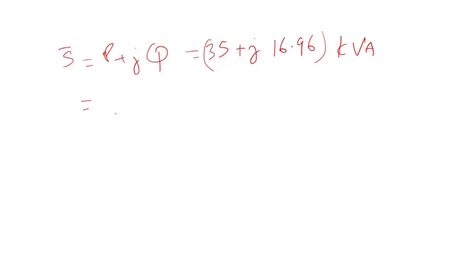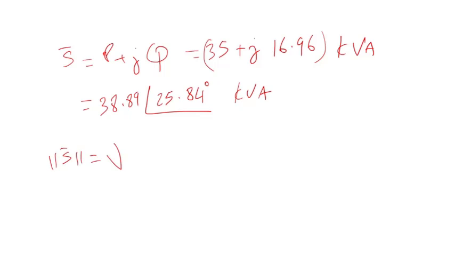If you want it in polar form, the magnitude of S is 38.89 and the angle is 25.84 degrees, and that's kVA. And also remember the magnitude of S is equal to square root of P squared plus Q squared. So if you know two of these quantities, you can calculate the third one.